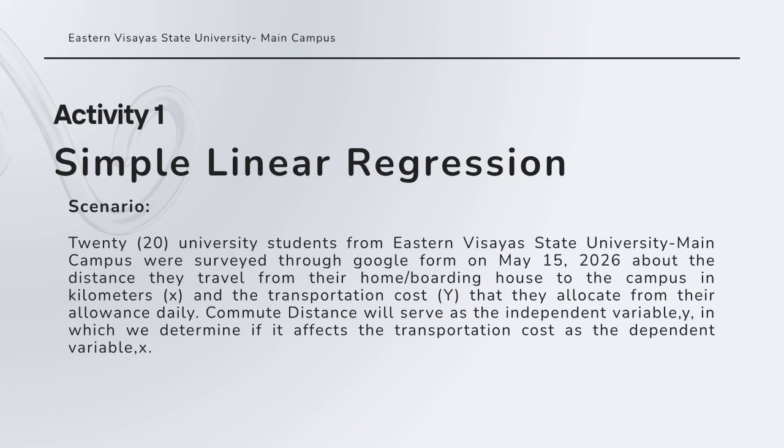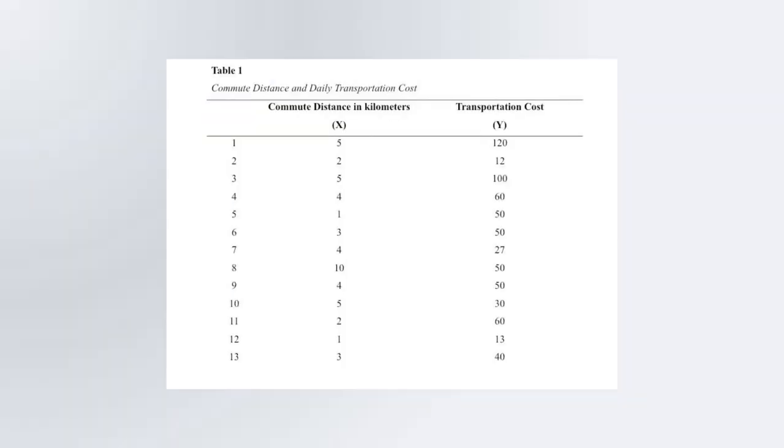Commute distance will serve as the independent variable, in which we determine if it affects the transportation cost as the dependent variable. So in table 1, this is the commute distance and daily transportation cost of the 20 university students.